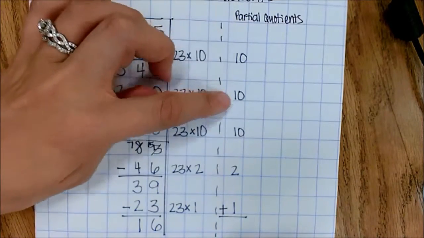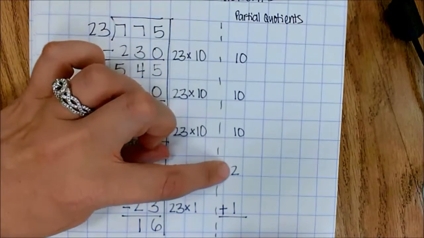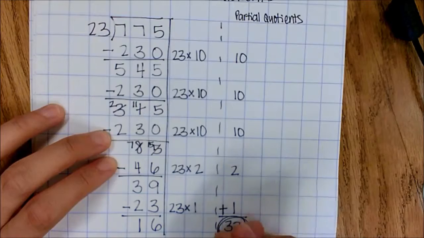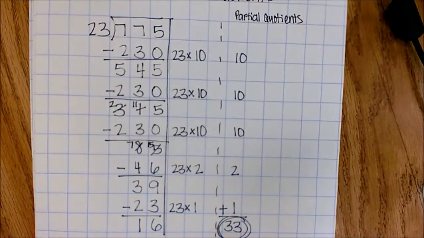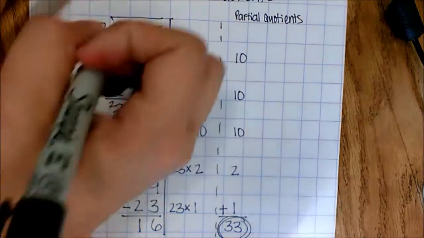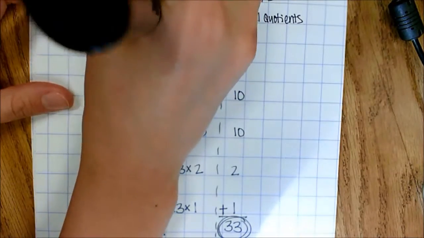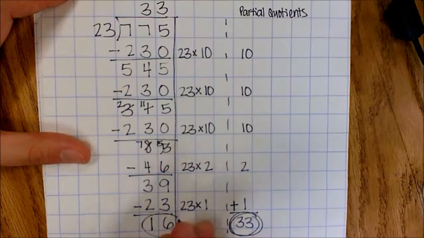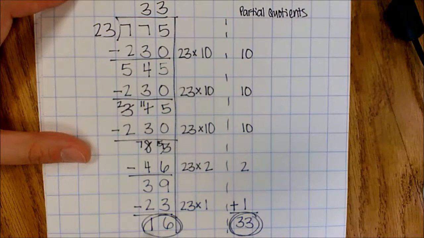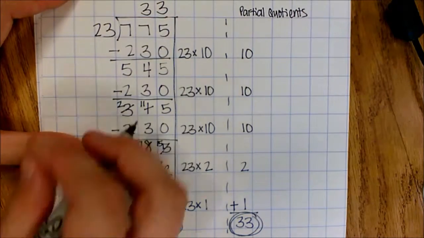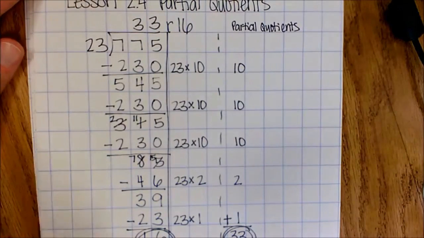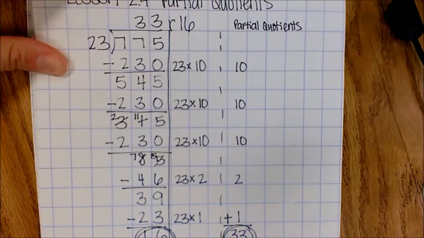So 10 plus 10 plus 10 is 30, plus 2 is 32, plus 1 is 33. So this right here is going to be a piece of my actual quotient. So I know that my answer is going to be 33, but then I have this 16 left over here. This is actually now going to become my remainder. So my actual quotient is going to be 33 remainder of 16.